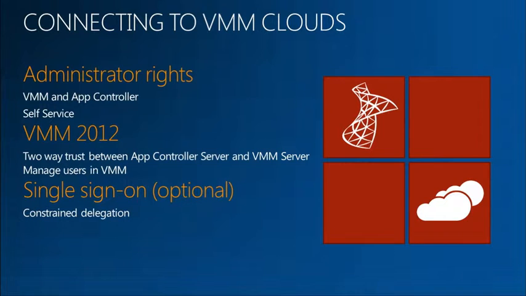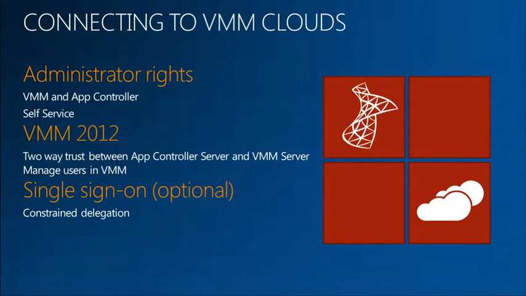And the last bit, and this is with the RBAC question that he had, is we delegate role-based access control in App Controller to VMM. What that means is if you've gone ahead and done the legwork of creating some administrators, some delegated administrators, some self-service users in VMM, when a user of one of those user roles logs into App Controller, we will check what access they have to those connected VMM servers based on their membership in those roles as defined in the VMM servers.